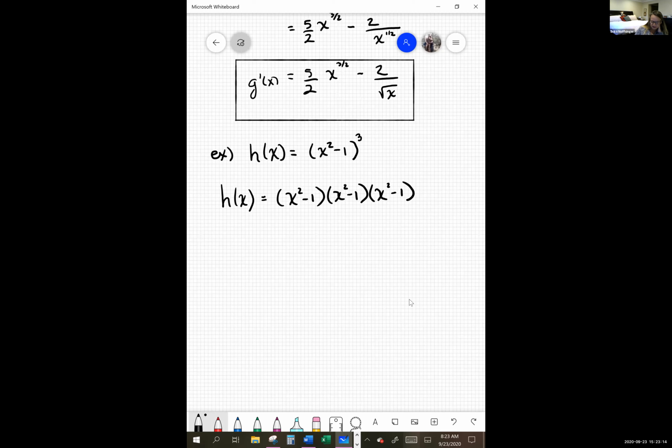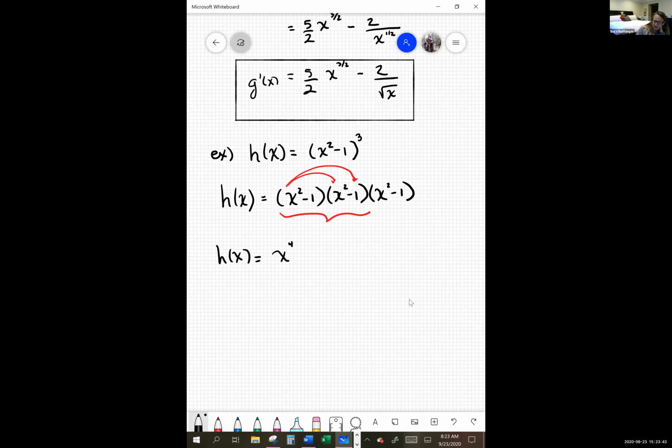Unfortunately, if you're taking a derivative of a product of two functions, it's not the same as the product of the derivative of each function. There's a product rule. We don't know that one yet. So what we have to do is we have to expand this. So we have h of x. This is equal to x squared times x squared, x to the fourth.